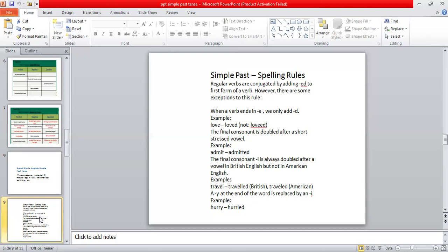A Y at the end of a word is replaced by an I: if you have Y at the end of the word, it will be replaced by IED. In this way, you can make the past form. So these are a few rules to make the past form of the verb.